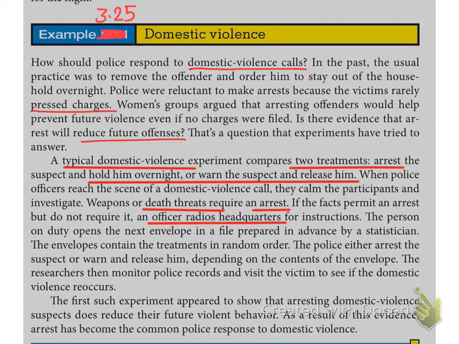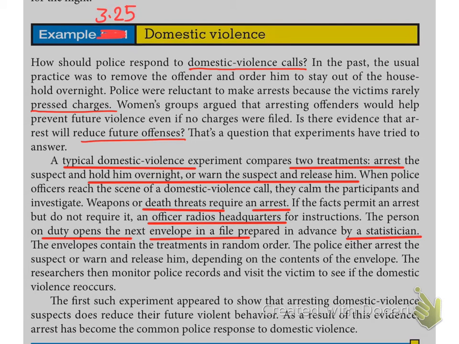On the other side, a person on duty used to open an envelope with pre-written consequences: whether the suspect should be held overnight or arrested. It was a random order of punishments, and that list was created by statisticians.